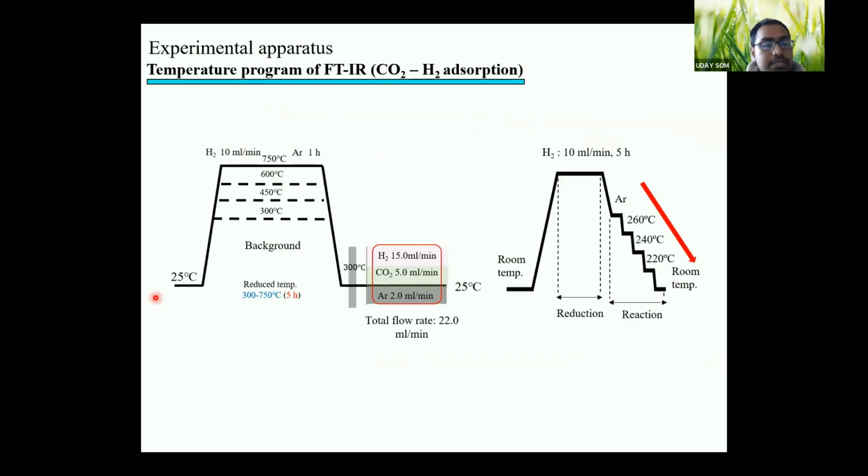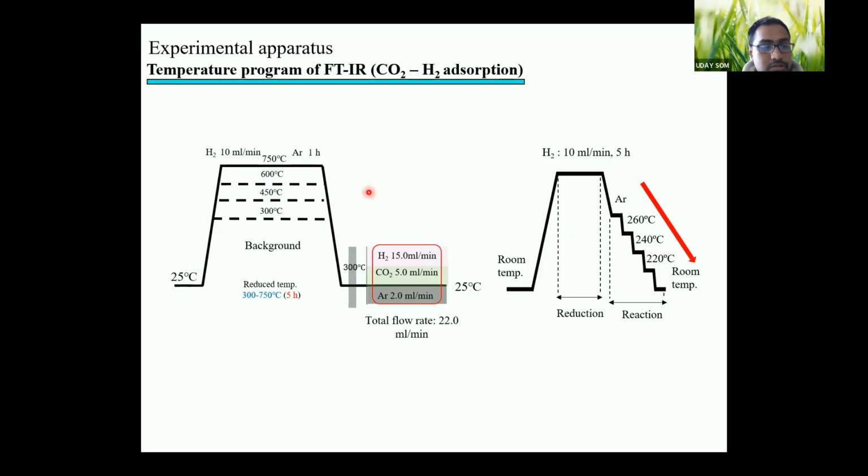The temperature is increased from 25 degrees. After that, I did 300 degrees centigrade for 5 hours, then 450 degrees, 600 degrees, and 750 degrees. These are my different reduction temperatures.